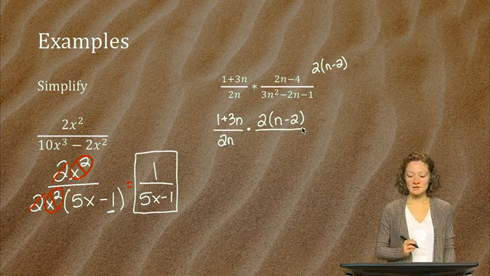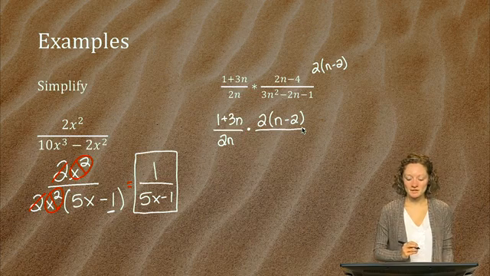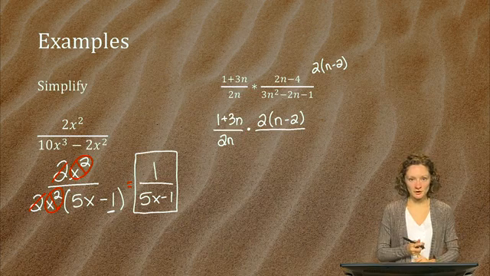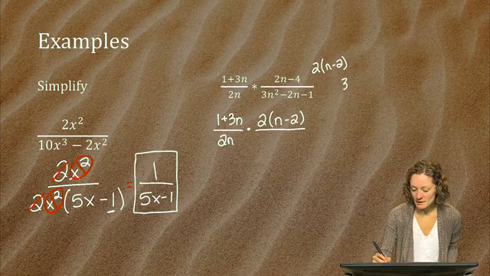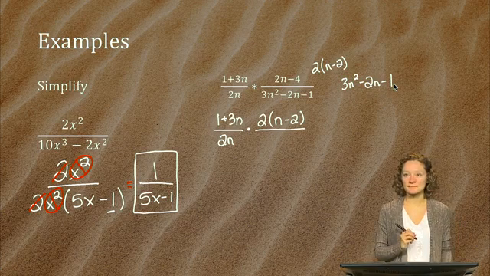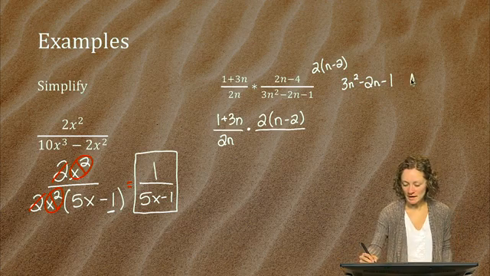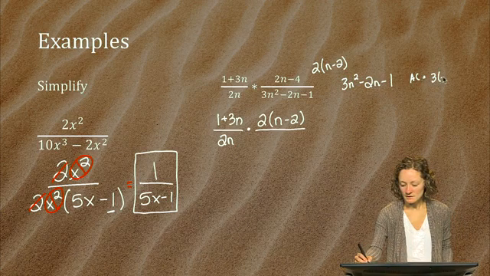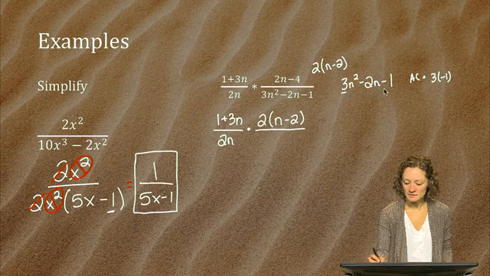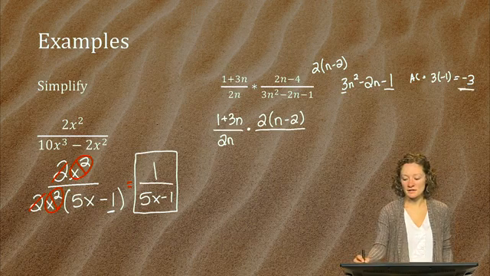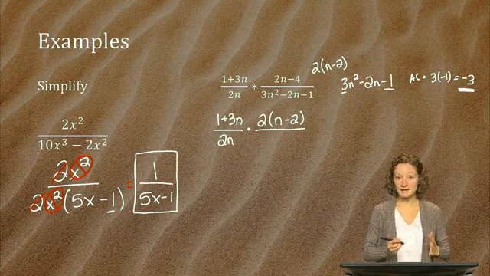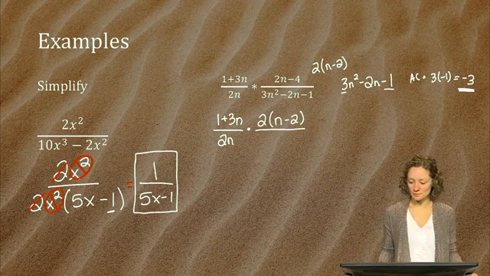Then in the denominator, we have 3n squared minus 2n minus 1. First look for our greatest common factor. We don't have one, so we can use our 3-term method of AC. Remember, this is where you multiply 3 times negative 1, A times C. This gives us negative 3. We want two things that will multiply and give us negative 3 and combine to give us negative 2.